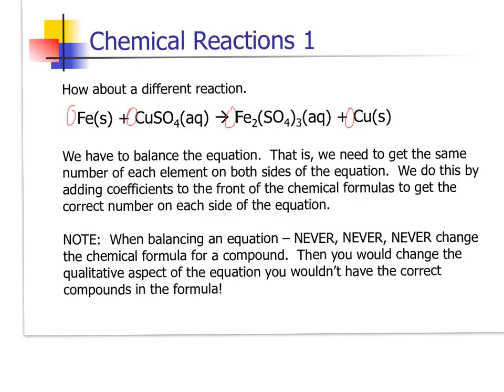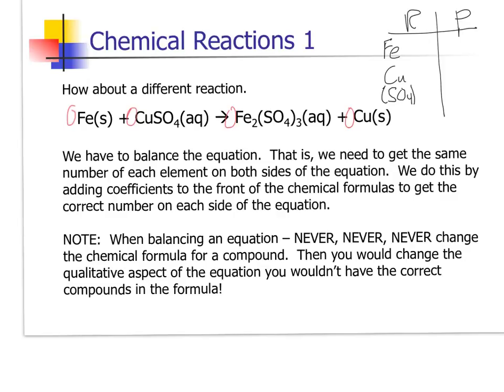Well, let's make our little chart off to the side here. R, P, I have iron, I have copper, I have... Now one of the things I'm going to do is keep sulfate together, since it's together on both sides.